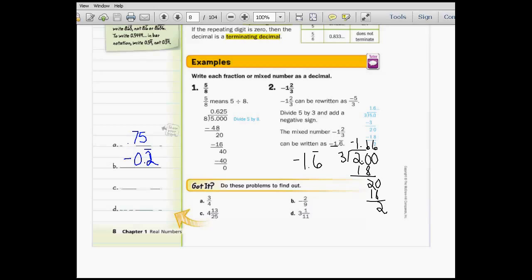For C, 4.52. And D, 3.09, and the whole thing repeats. This cursor does not let me write very pretty numbers or letters sometimes, so I apologize for that. All right, let's move on. Next page.